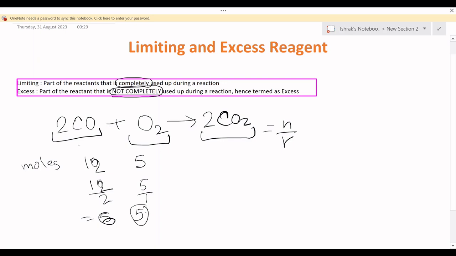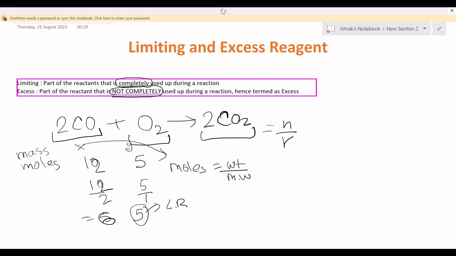Now we are talking about moles, but other times, when proper questions come up, what's given is mass. So that's X, that's Y. Then we have to find the moles from the mass. If you remember, the equation for moles is moles equals the weight given divided by the molecular weight. What's important to note here is the molecular weight, because sometimes you might be confused.